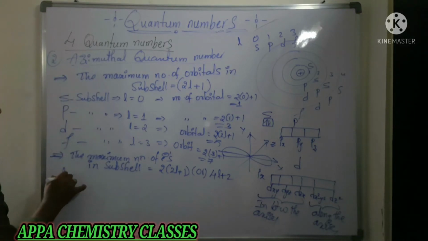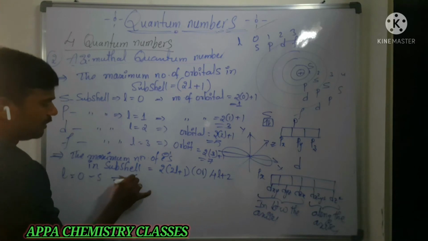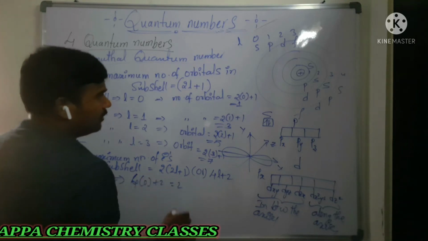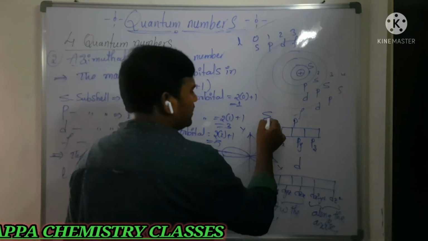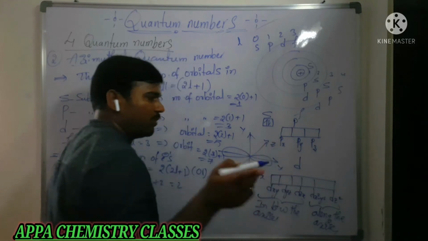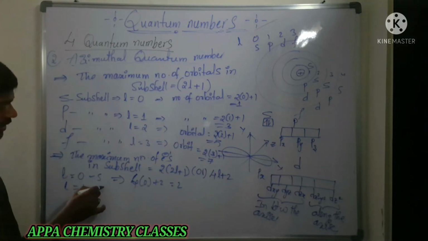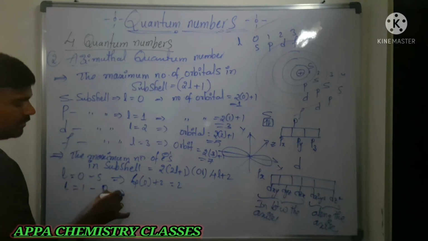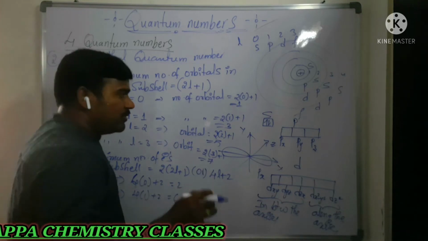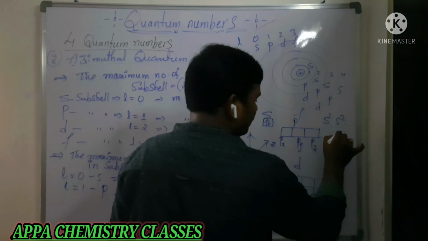Now if L is equal to 0, that is the S subshell. How many electrons can be present here? 4 into 0 plus 2, that is 2 electrons. The S subshell contains only one orbital, which is very important. If L is equal to 1, that is the P subshell: 4 into 1 plus 2, that is 6 electrons. S will be written as S1 and S2.